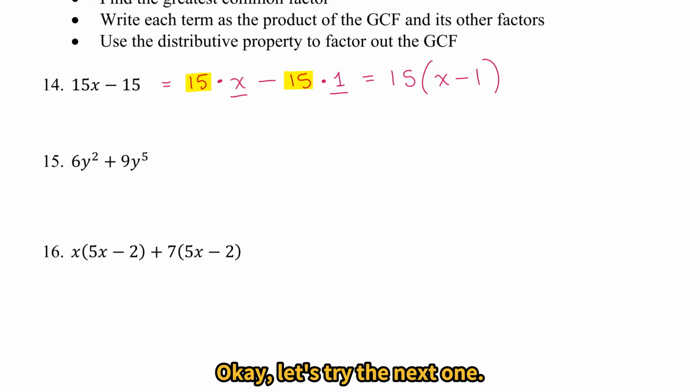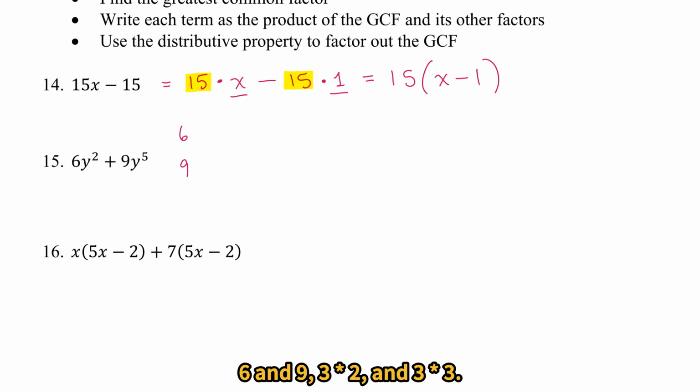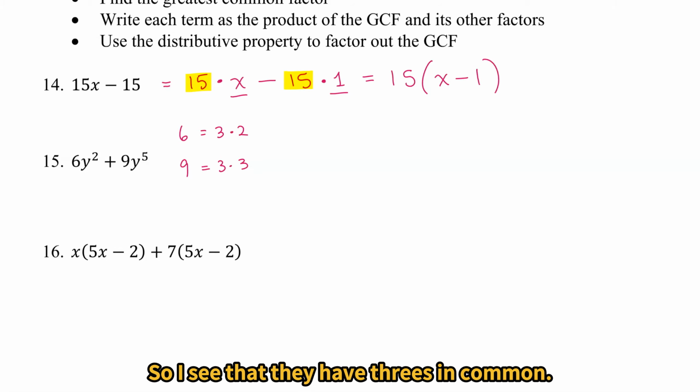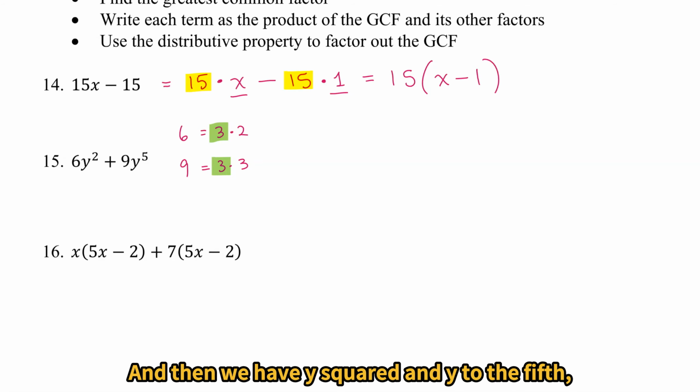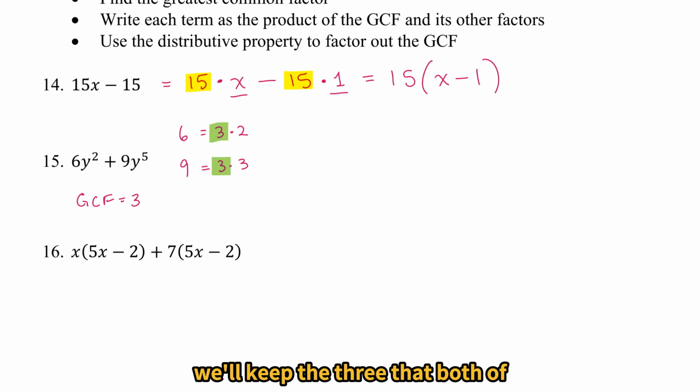Okay, let's try the next one. 6y squared plus 9y to the 5th. We may have to do a little bit of scratch work here. 6 and 9, 3 times 2, and 3 times 3. So I see that they have 3's in common. And then we have y squared and y to the 5th. So for our greatest common factor, we'll keep the 3 that both of them have in common.